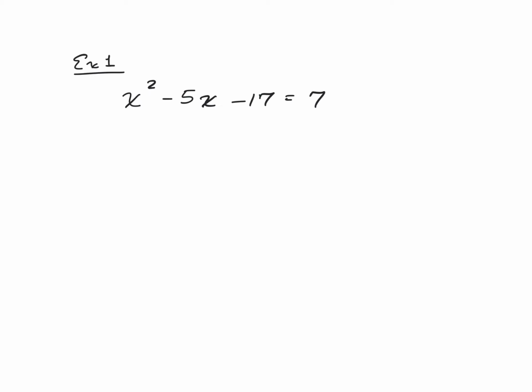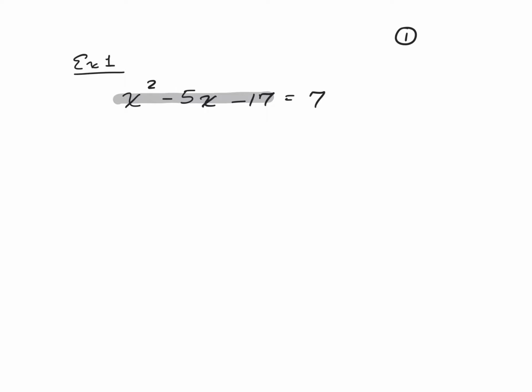Alright, so example 1 says x squared minus 5x minus 17. Remember that step 1 was to set your quadratic equal to 0. My quadratic is currently equal to 7, so the way I make it equal to 0 is I use the subtraction property of equality.